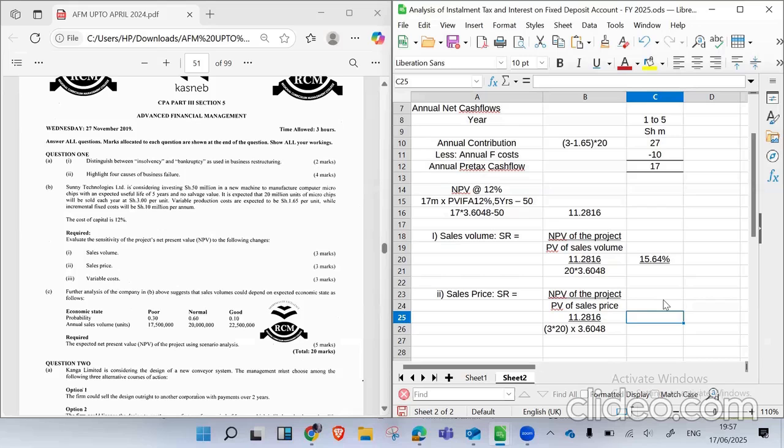So what percent is that? 5.22%. Thank you.